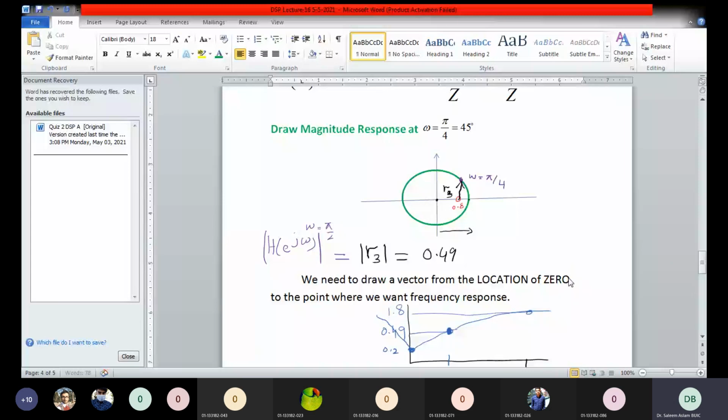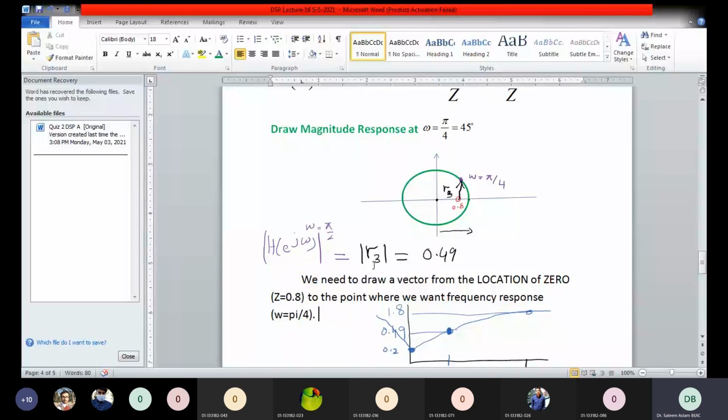z equal to 0.8, like this. And the end point is where we want to find the frequency response, that is omega equal to pi by 4. So we draw a vector from the location of 0 to there and take the magnitude of that vector, because we wrote R3 as a modulus.